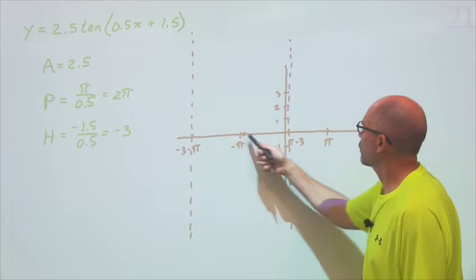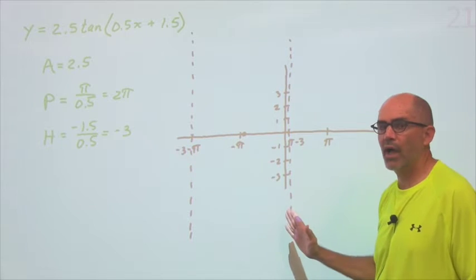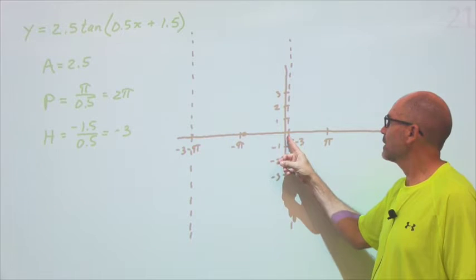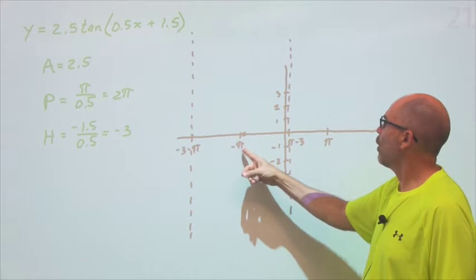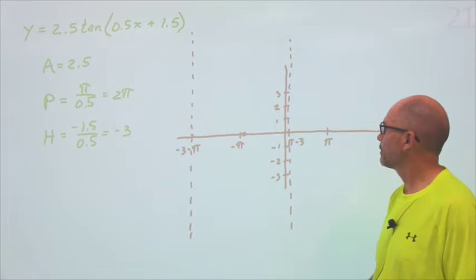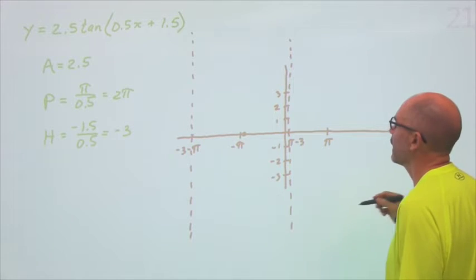It's going to be 3 to the left. So the middle point would have been the y-axis, but now it's going to be 3 to the left of the y-axis, which is almost at negative pi. Okay, so we're ready to draw our curve.